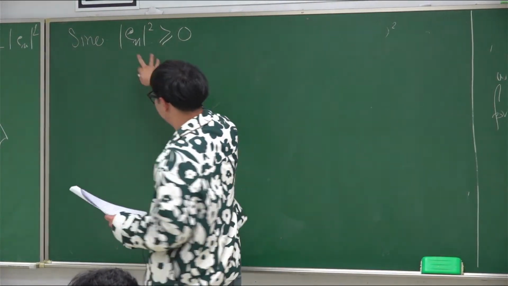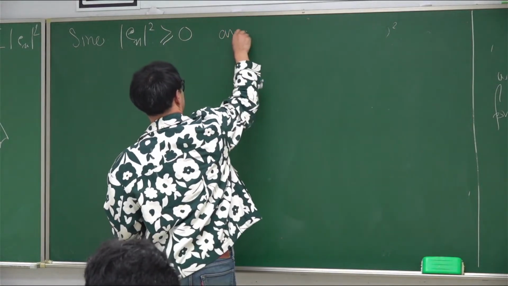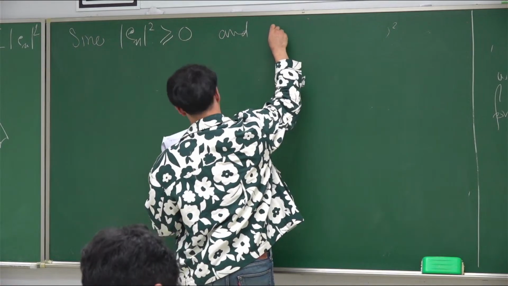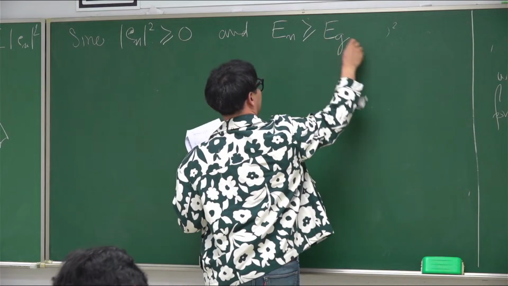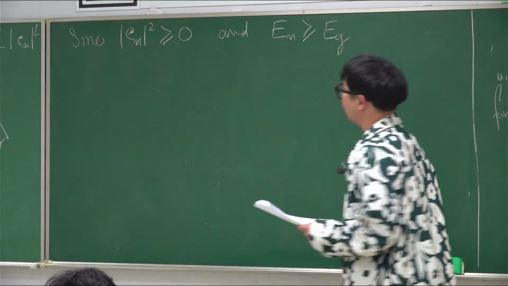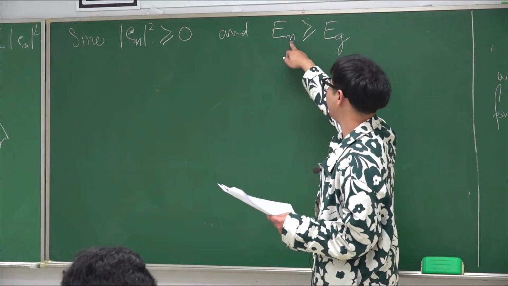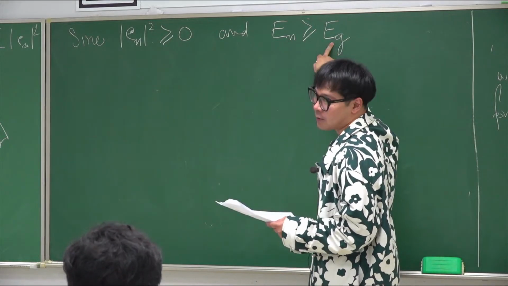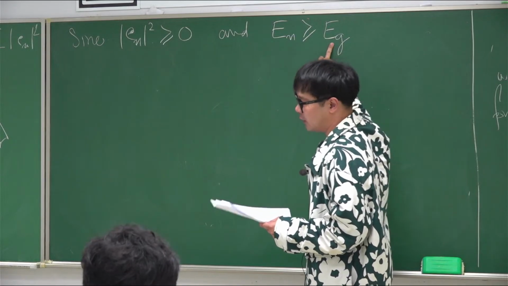This absolute square of this coefficient, and this condition as well is always going to be bigger or equal to the ground state energy, for n equal to 0 that you're going to get the ground state, right?